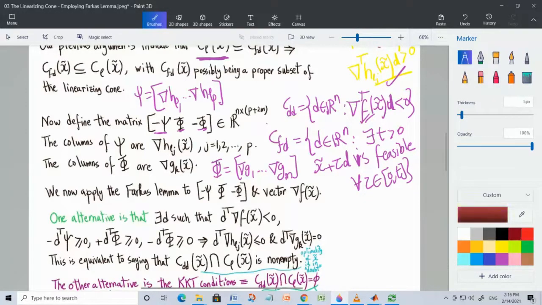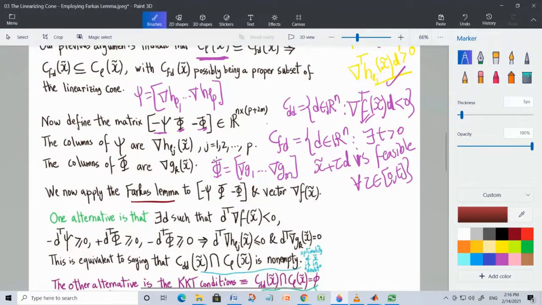We will now apply the Farkas lemma, from the previous lecture. You need two things: a matrix and a vector. The matrix will be this thing here, which definitely is not intuitive. I mean, what are we doing exactly?